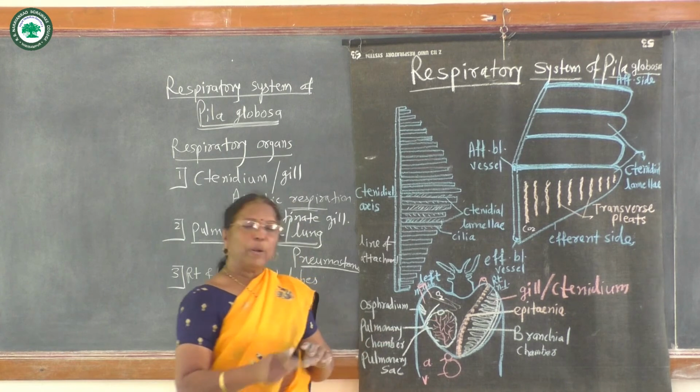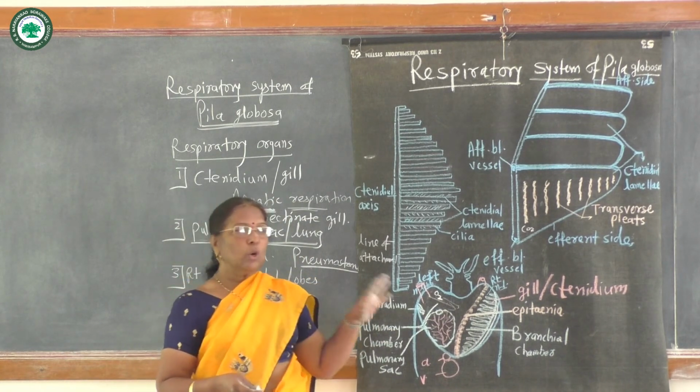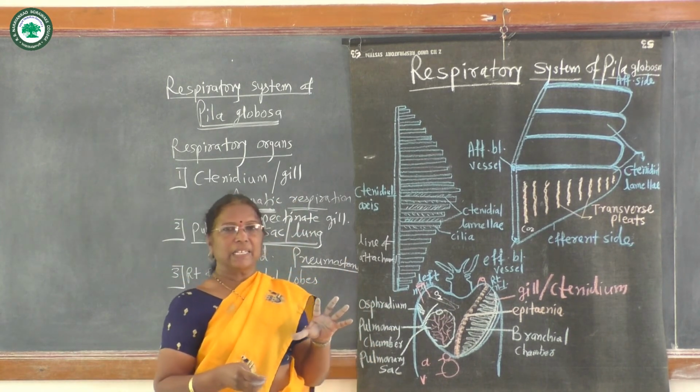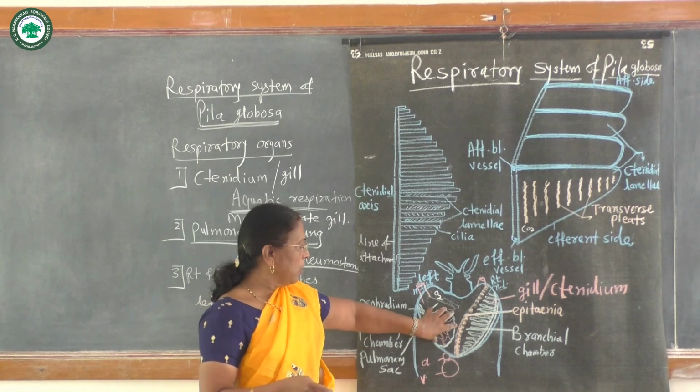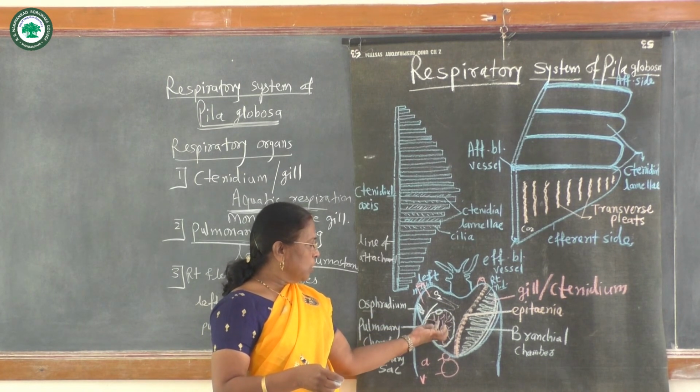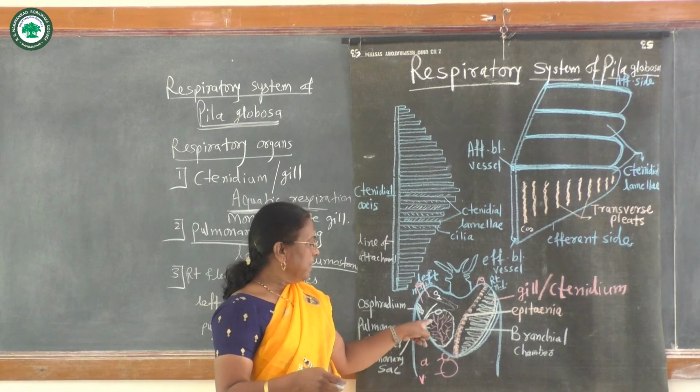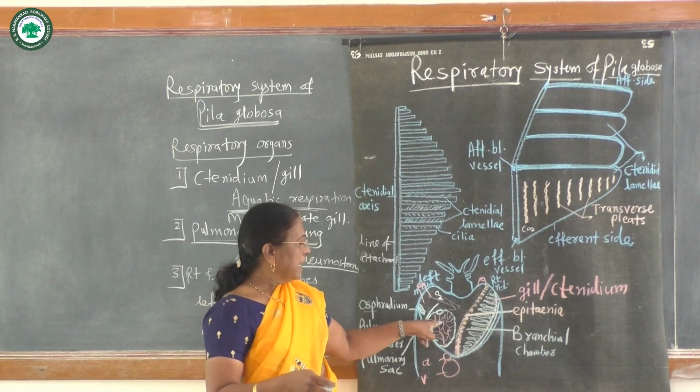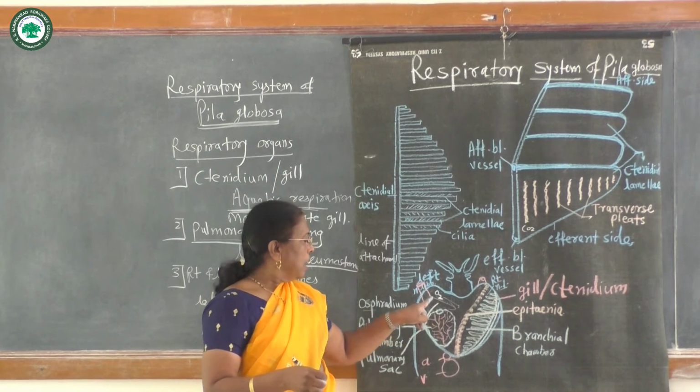The wall of the pulmonary sac shows contraction and relaxation, that is, it is highly contractile. When air comes through this pneumostome, the blood vessels which are present here contain CO2.